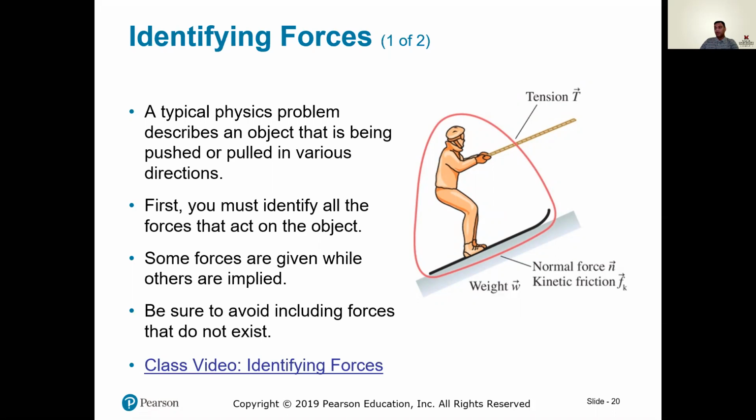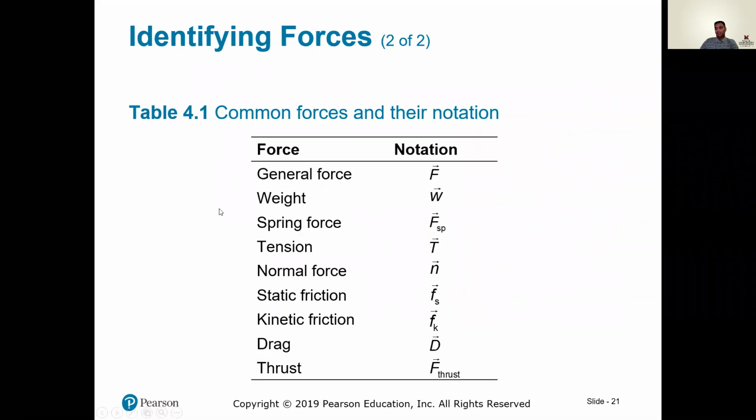So we are going to catalog the forces in each of the problems that you solve, okay? Just like in the given section where you tabulate the given information, you are going to write down this is the force, there is a thrust force, or there is a tension, there's a spring force, and you are going to use the correct notation.